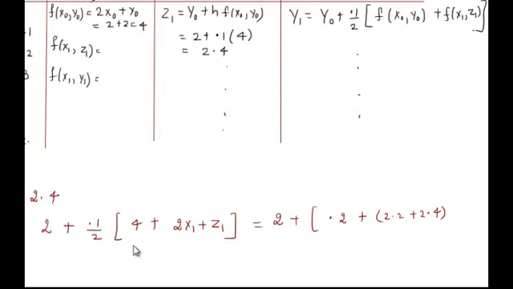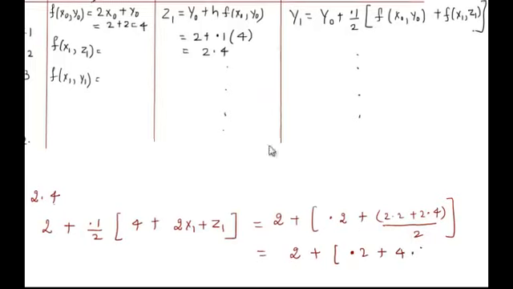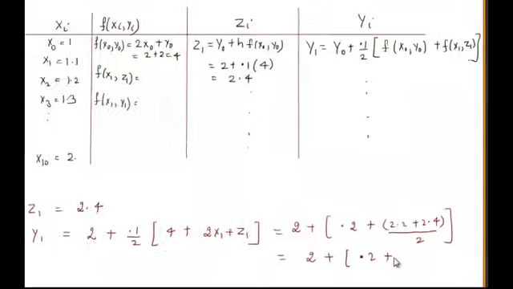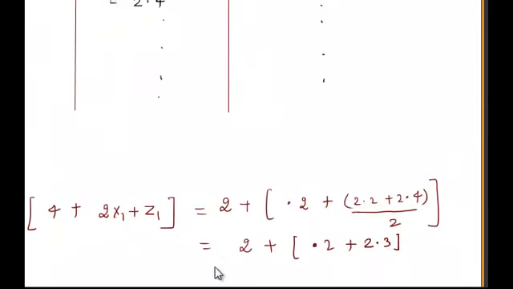I have divided already 4, and I will divide this by 2 also. So simplifying this, let's see what I will get. 4.6, and 4.6 divided by 2 is 2.3. 2.3 plus 0.2 is 2.5.